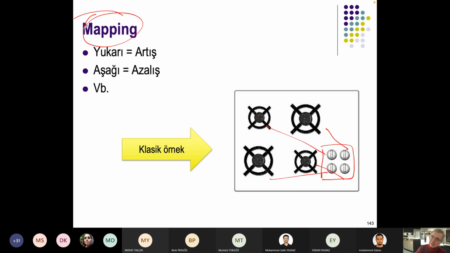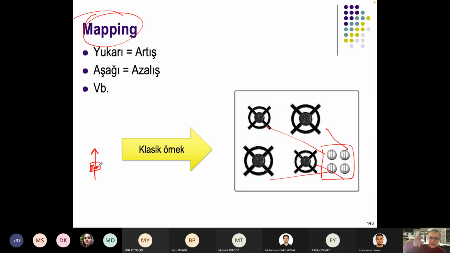For example, if you hold a lever with the mouse and move it up, the value should be increased, not decreased. So it is correct mapping. Going to the right also means increasing.